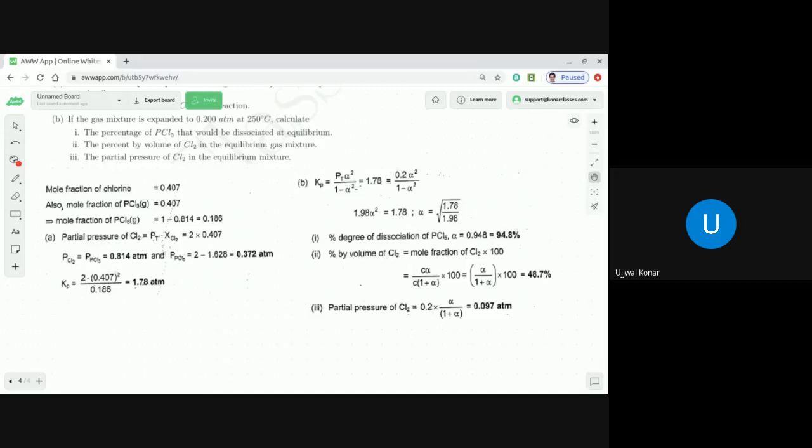Especially look into part B of the solution. Things are self-explanatory. Any question at any moment of time, dear Tejas, please ask me.